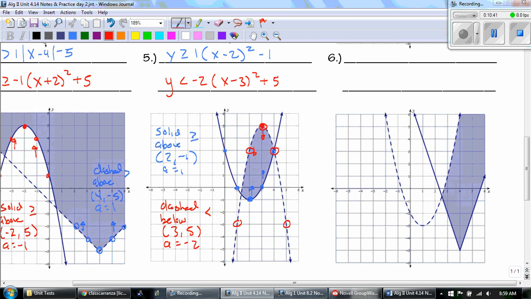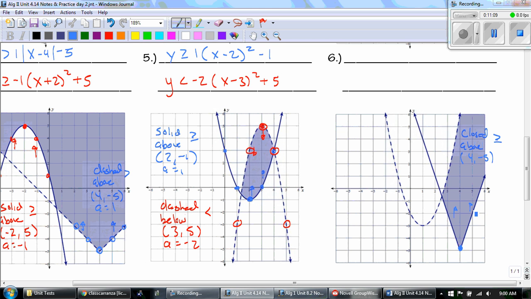All right, number 6. We'll do the absolute value together. Okay, our absolute value, it is closed and we shaded above. So that's greater than or equal to. We start at 4, -5.